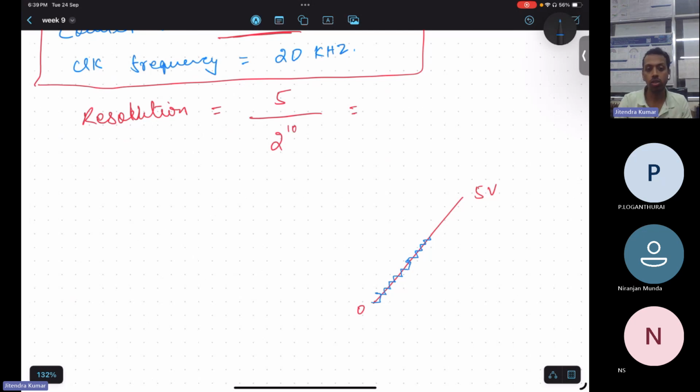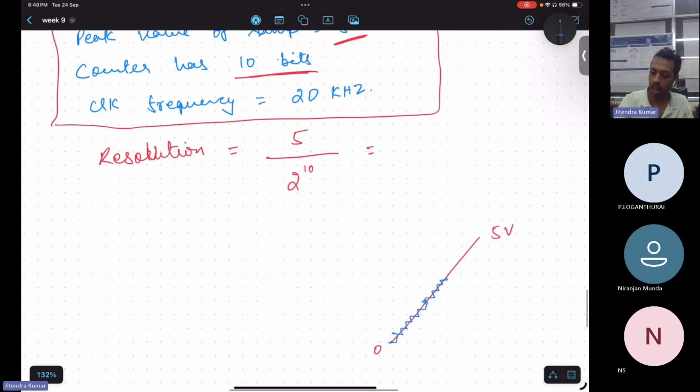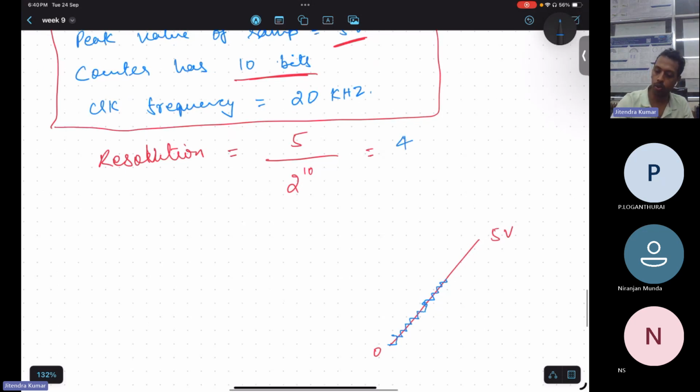That's what resolution means in this, or for that matter any question. So the answer is 5 divided by 2 raised to power 10, which will be 4.88 millivolt.